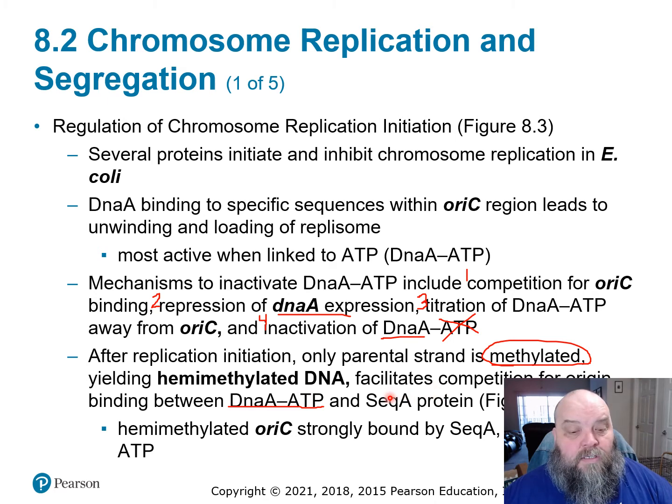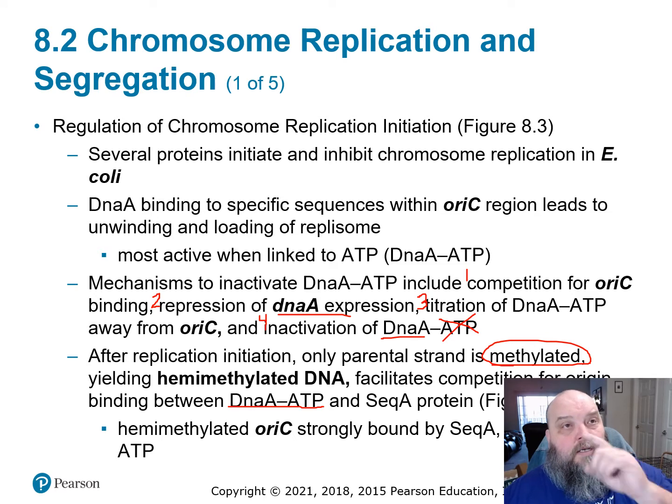So this will block this, which makes sense because if you're in the process of making a new double helix, you don't want to start making more double helixes, so you're going to use this methylation event.